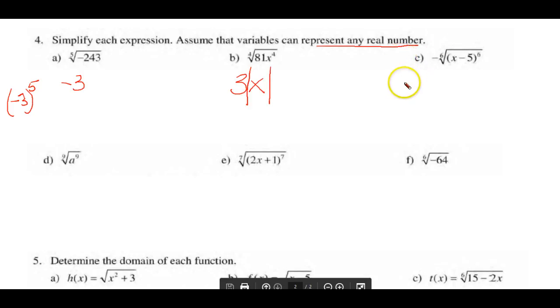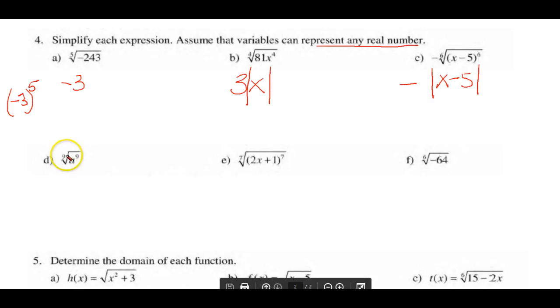Now here we have a negative because of the negative sign outside the radical sign. We're going to take our 6, put it as a denominator of the exponent, and this becomes then x minus 5. But since the index number is 6, we should put an absolute value sign there to make it official.